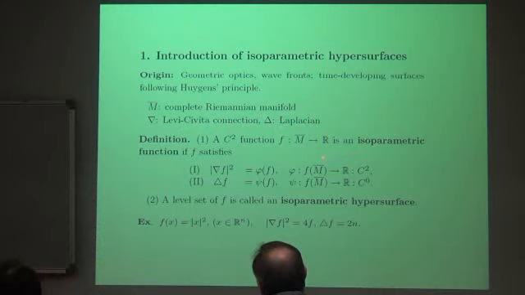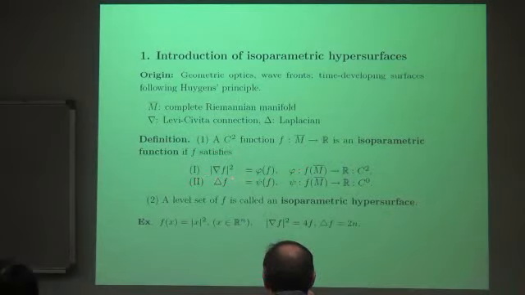Then by definition, a class C2 function f on M bar is an isoparametric function when f satisfies these two PDEs. The first PDE means that the square norm of the gradient vector of f is a function of f itself. Here phi is a real-valued function on the range of f, of class C2.